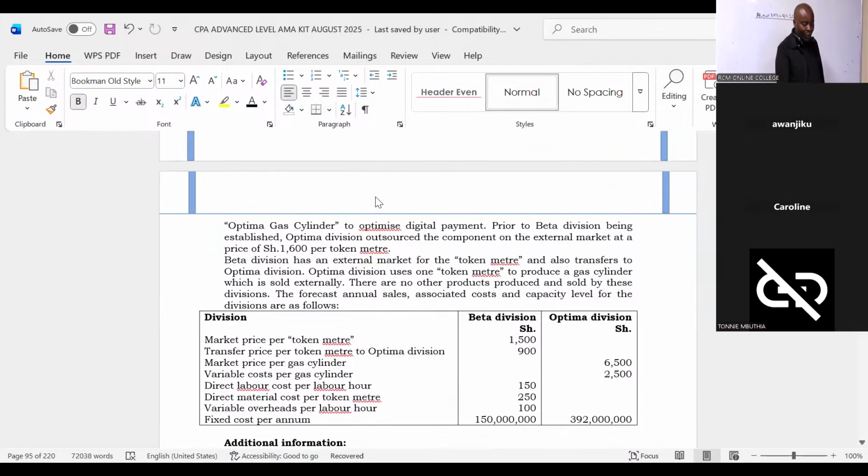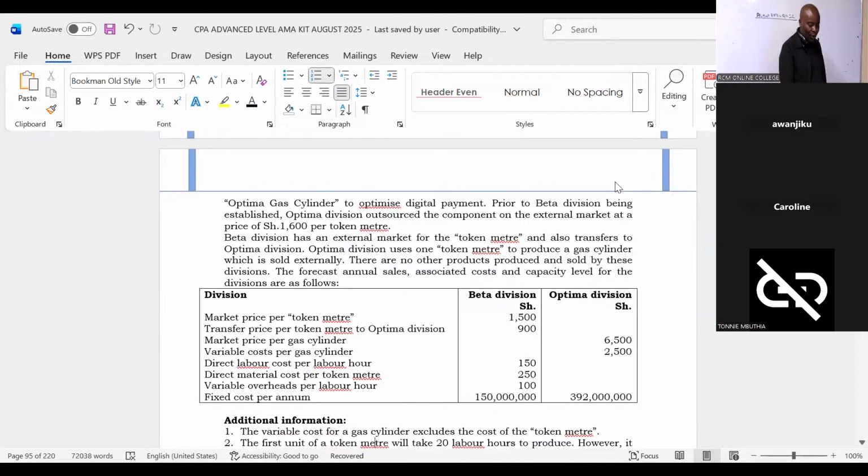To optimize digital payment, prior to Beta Division being established, Optima Division outsourced the component on the external market at a price of 1,600 per token meter. Beta Division has an external market for the token meter and also transfers to Optima Division.